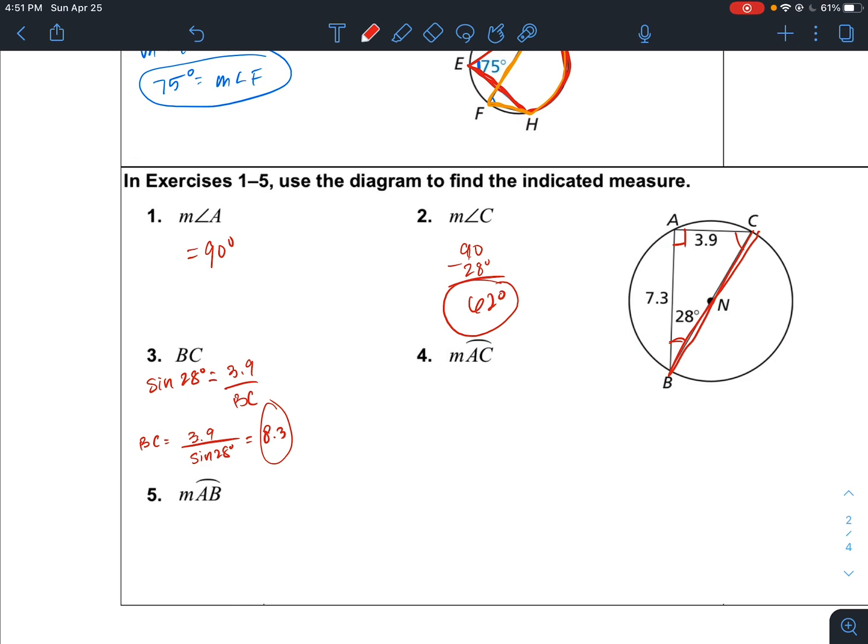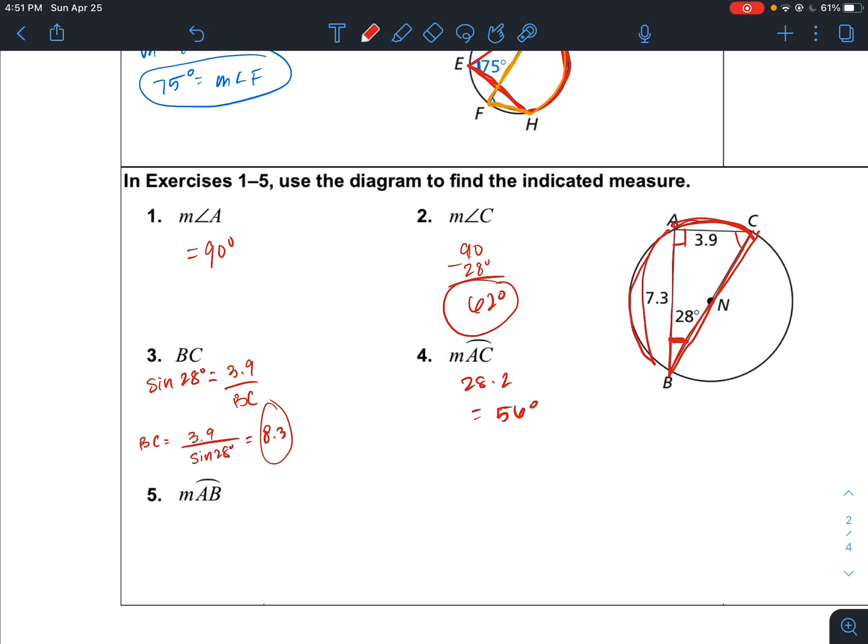Measure of arc AC, so right there, now look here, its corresponding inscribed angle is 28 degrees, so this has to be double that. So we do 28 times 2, so that should be equal to 56, I believe. And then the measure of arc AB right here.